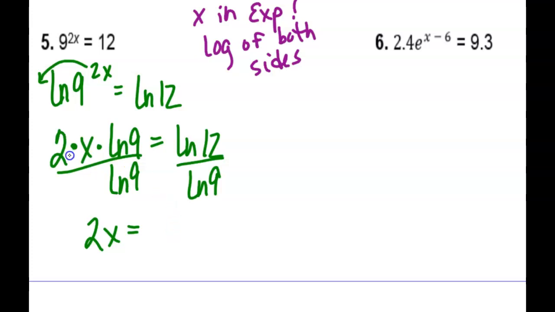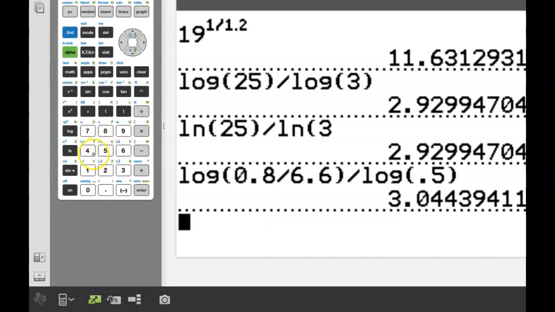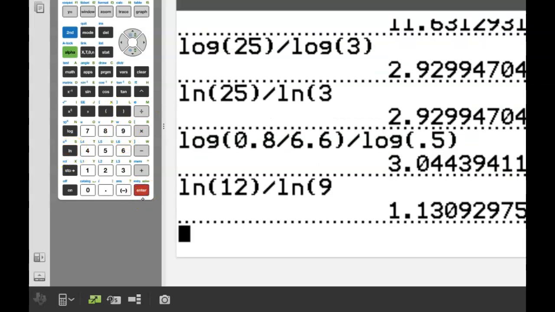If you try to divide both things at once, you need parentheses, and I always worry students are going to forget the parentheses. So log of 12 divided by log of 9. Again, either base would work. You'll get the same answer. Natural log of 12 divided by the natural log of 9. And that's 2x, so we still need to divide that by 2.